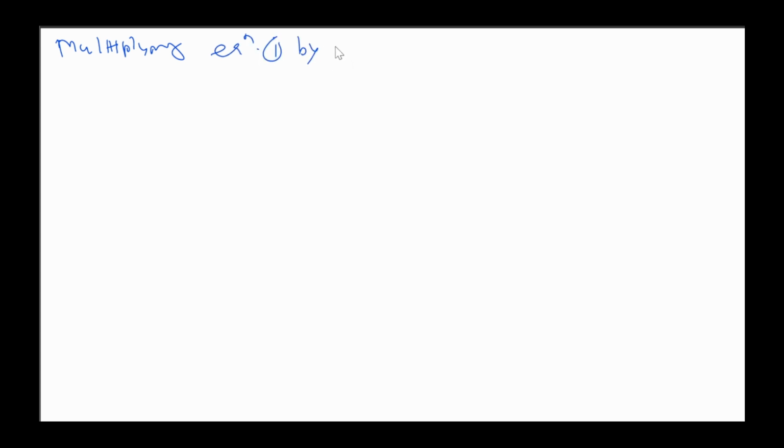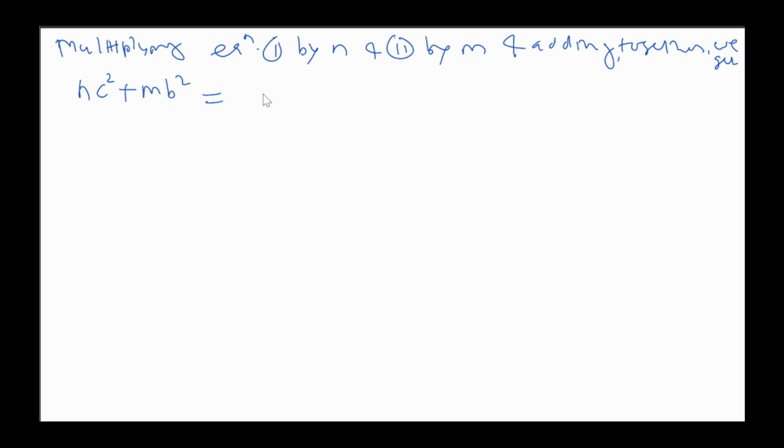Multiplying equation 1 by n and equation 2 by m and adding together, we get nc square plus mb square is equal to n into bracket p square plus m square minus 2pm cos theta, plus m into bracket p square plus n square plus 2pn cos theta.